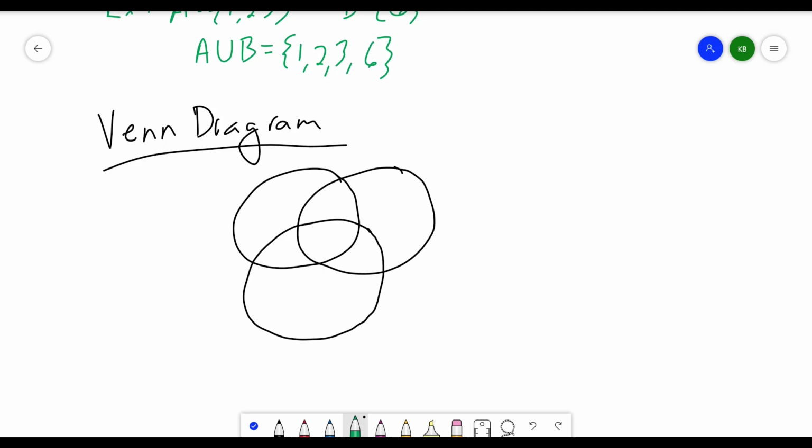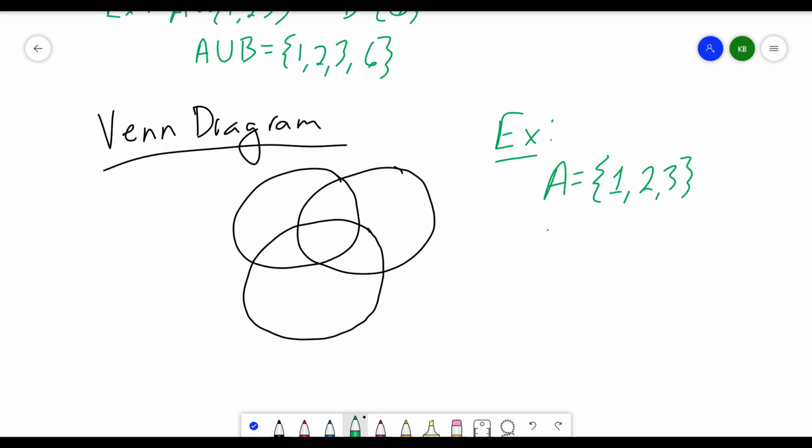So let's take a look at an example with this. I'm going to have event A be the event that I roll a 1, 2, or 3 on the die.